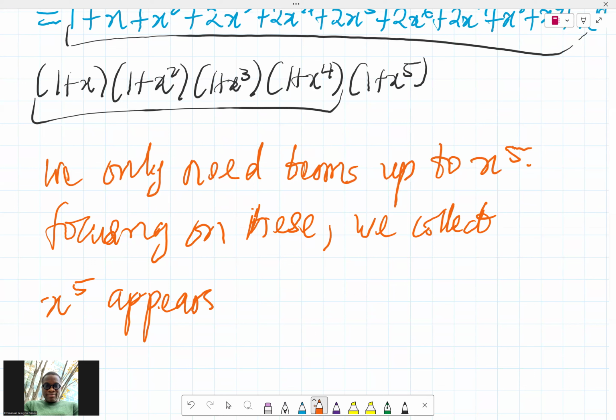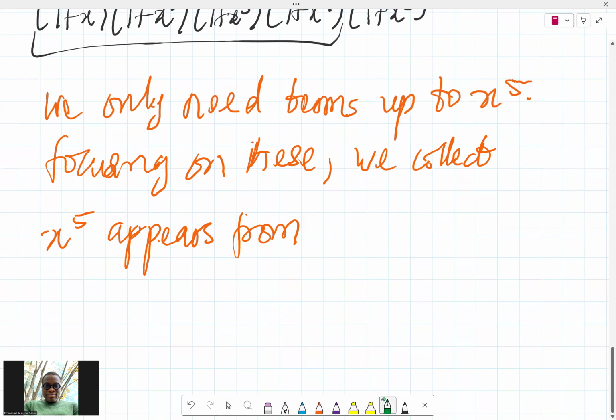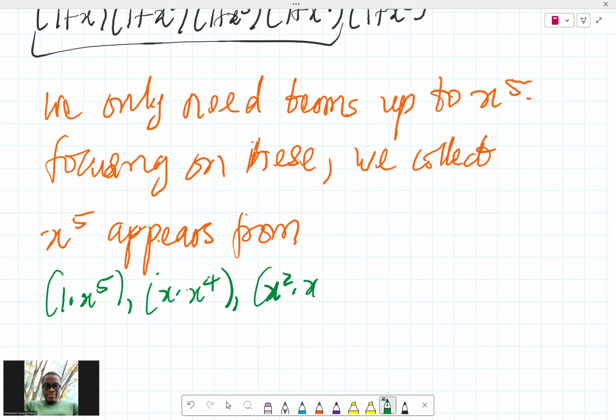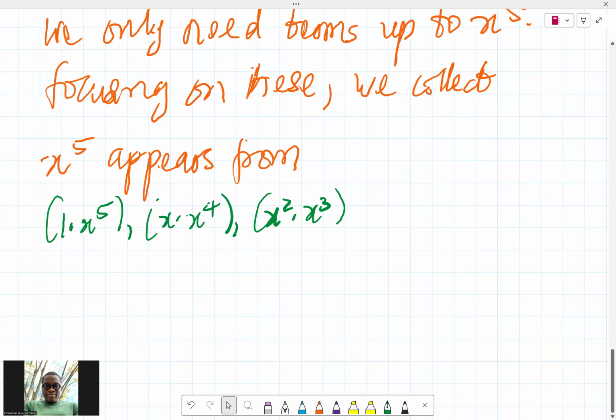These are the possibilities now. We have 1 times x raised to power 5. We have x times x raised to power 4. We have x squared times x cubed. These are the only possible places where x raised to power 5 appears and no more. These are the only 3 places where we can have x raised to power 5 maximum.